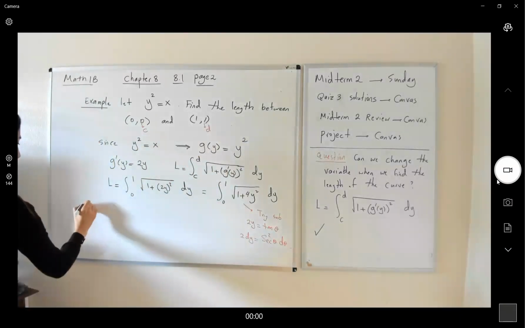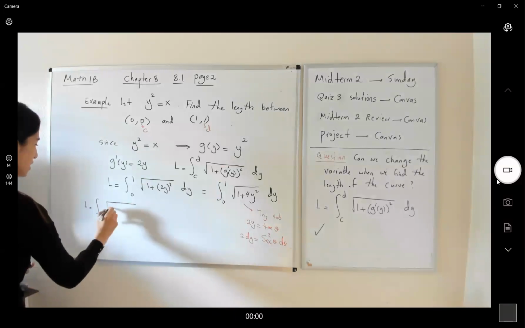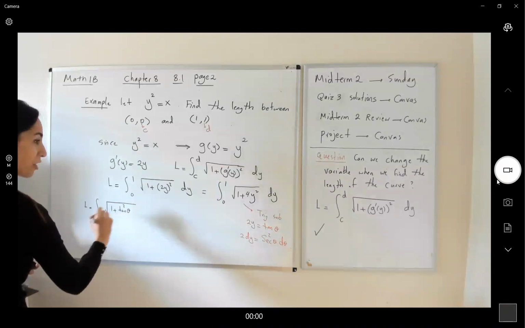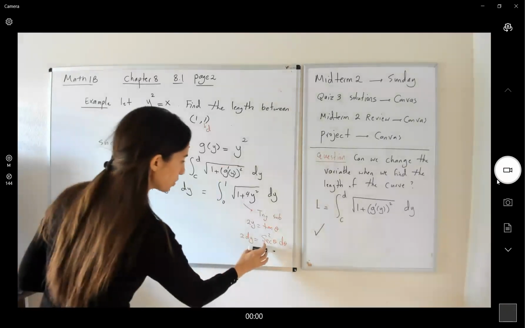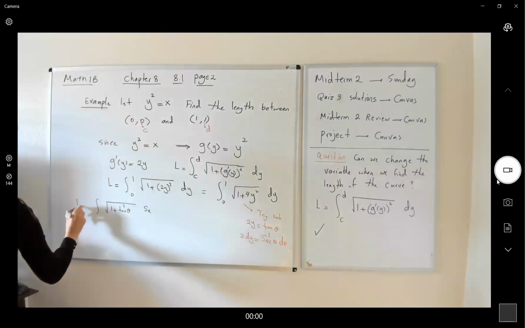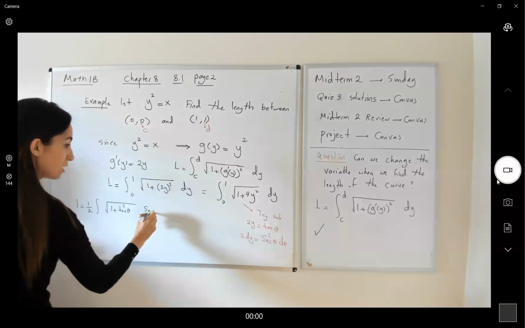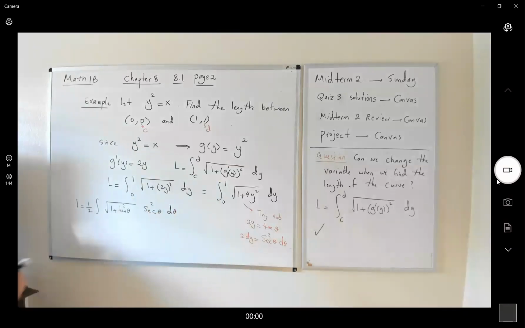Very well. Your L is equal to the integral of the square root of 1 plus tangent squared theta, times secant squared. So here your dy is a half, so we need a half secant squared theta d theta.